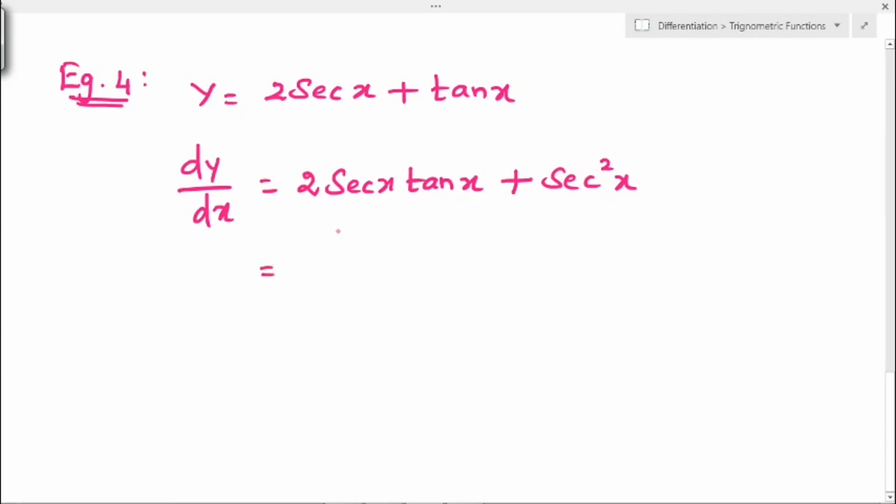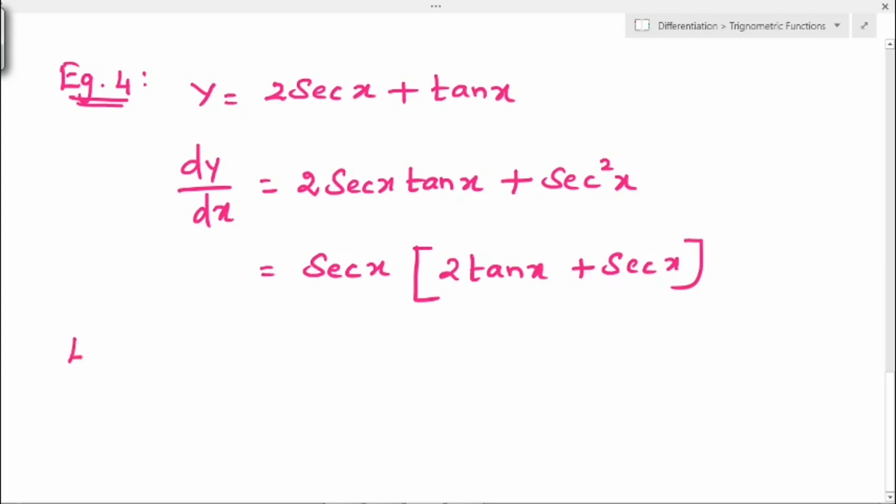So this is equal to, see in both the terms we have secant x, so I am taking secant x commonly out. So in the first term we have 2 into tan x plus, in the second term we have secant x, because we are taking one secant x outside, so we have secant x into 2 tan x plus secant x. So this is the derivative of 2 secant x plus tan x.